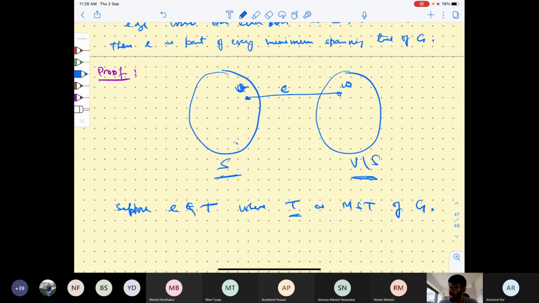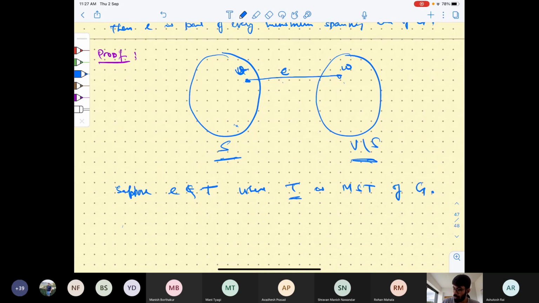In fact, there should be a path from v to w that goes across. So there has to be an edge e prime that goes across S and V minus S. Okay, so there is this e prime. Let's say this is v prime, w prime.